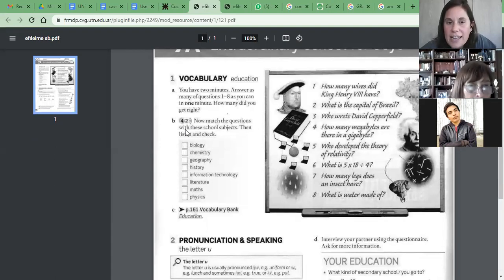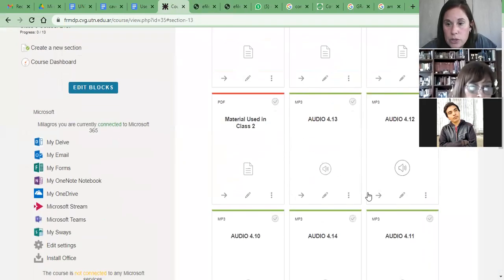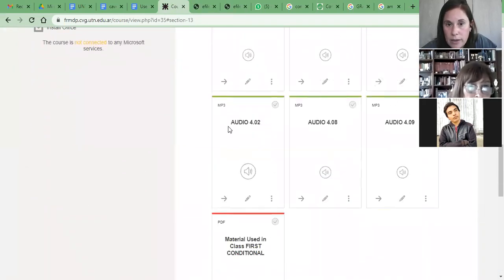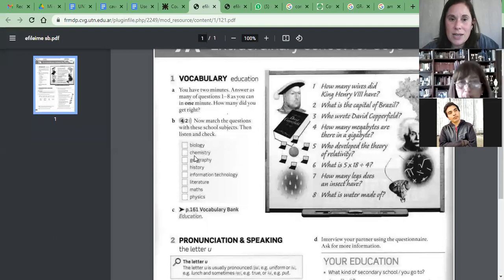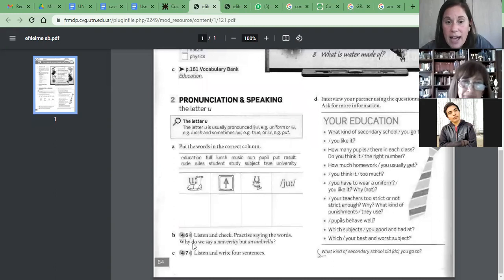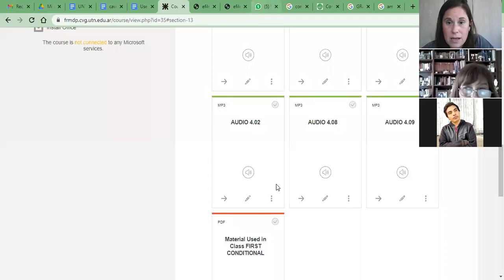You have to look for the audio 4.2, which is somewhere here. It's here, okay? Even though maybe the exercise is just to put a tick or something, it's good that you listen to the pronunciation. I didn't put these ones, but I put the rest.